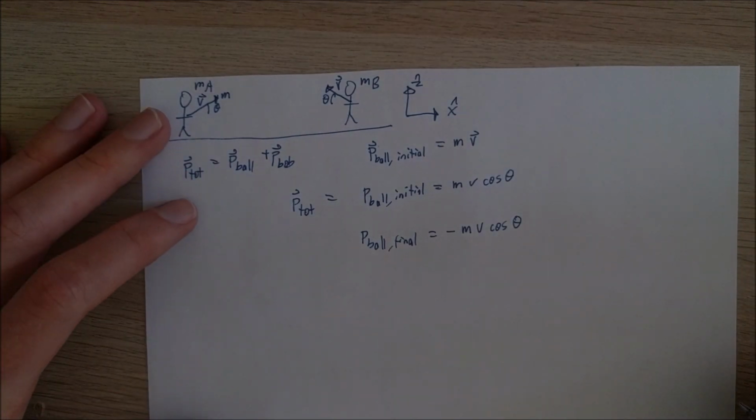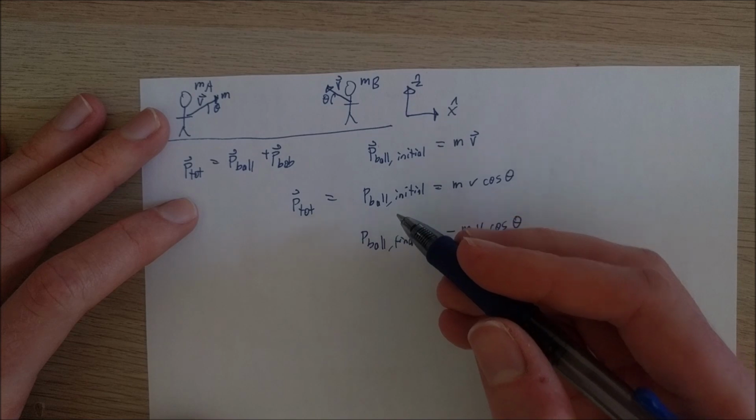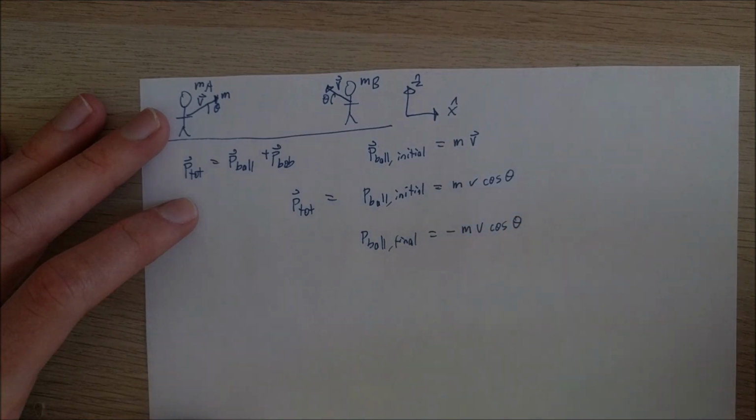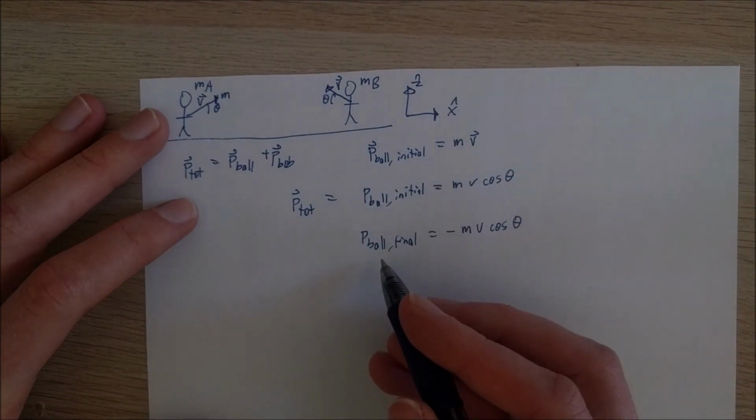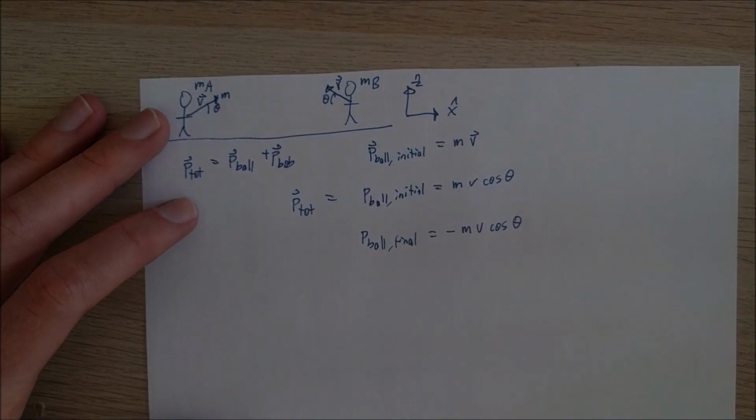So, since momentum is conserved, our initial momentum must be equal to our final momentum. Our final momentum is going to be P_ball final plus some momentum for Bob.